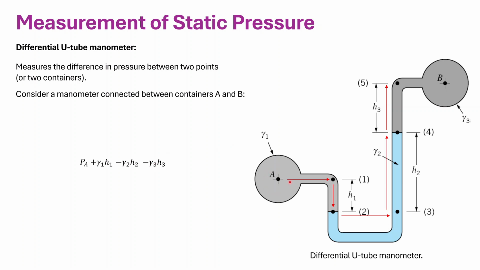So here we had gamma 1, gamma 2, and then gamma 3. Minus gamma 3 H3 because we are going from here to here equals PB because they are on the same line. So if we rearrange that, we want to find the pressure difference between A and B. So PA minus PB equals gamma 2 H2 plus gamma 3 H3 minus gamma 1 H1.